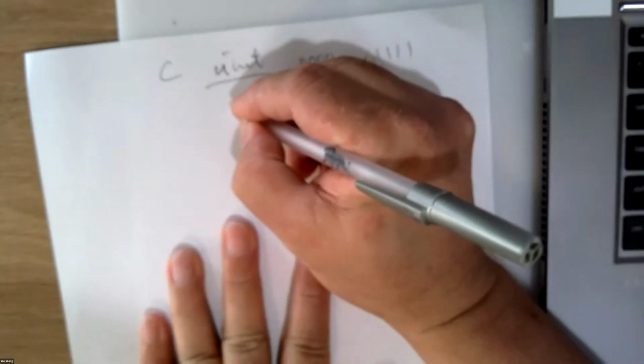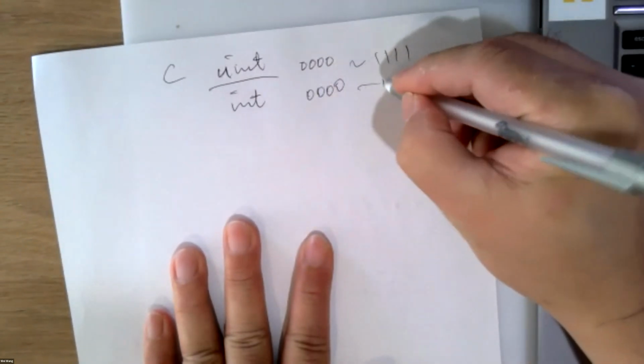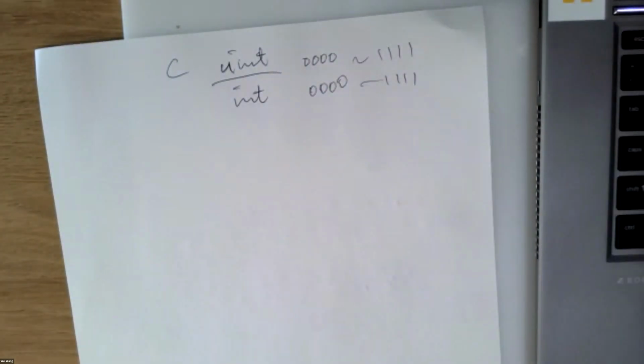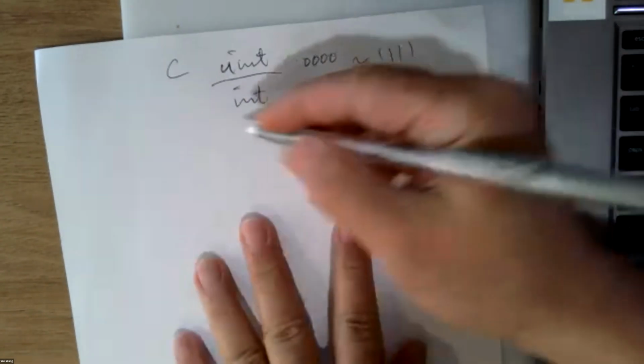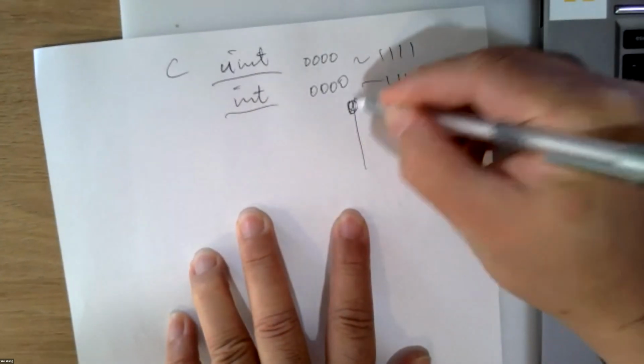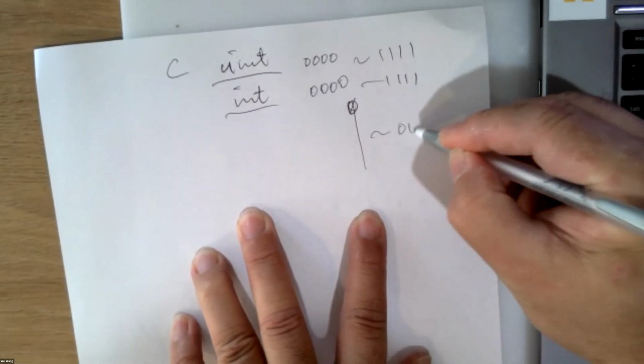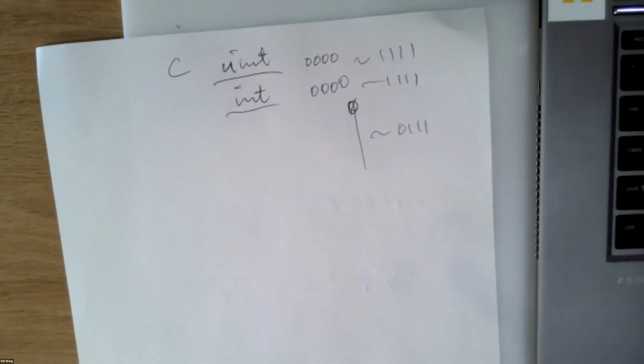This is the whole integer value range if we only have 4 bits. If it's a signed integer, it is also 0, 0, 0, 0 to 1, 1, 1, 1, but because it's signed, the integer actually has 2 different ranges. 0 is in the middle, and it goes all the way to 0, 1, 1, 1 on the positive side.